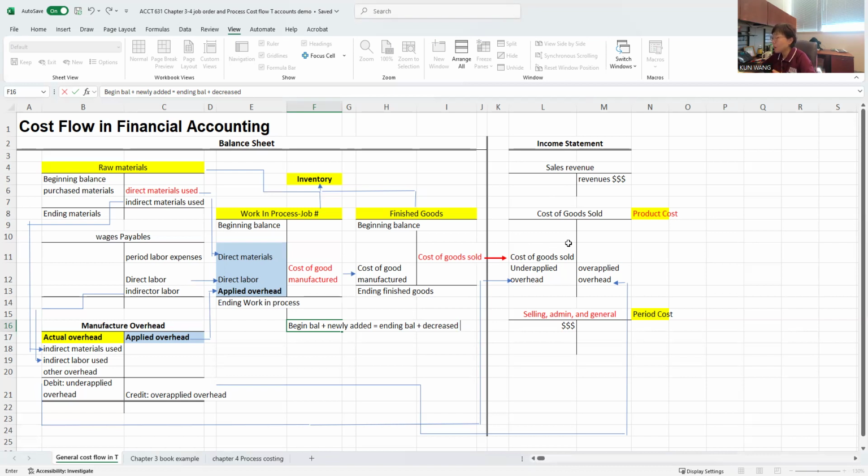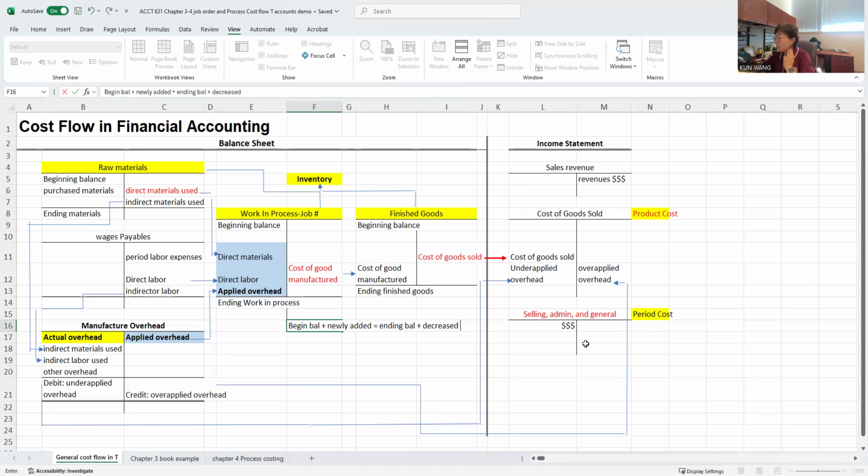So product cost flow: initially everything is in the production process, and then eventually only the cost for the completed and sold units moves to the cost of goods sold in the income statement, because the cost of goods sold will be matched with your sales revenue to figure out the gross margin before we subtract all of the period costs. So that is an income statement account.